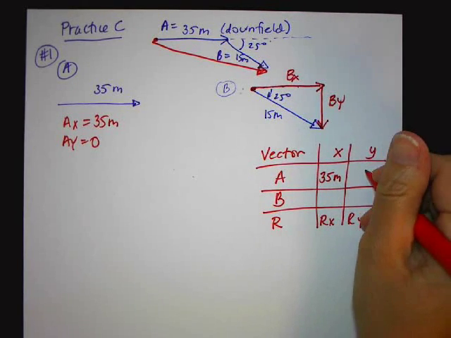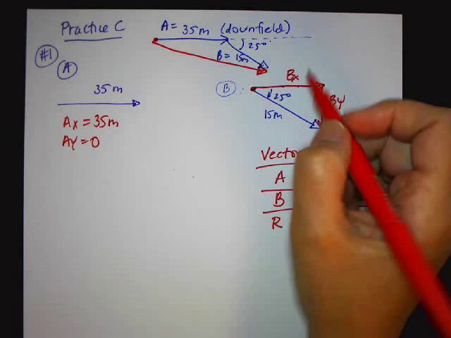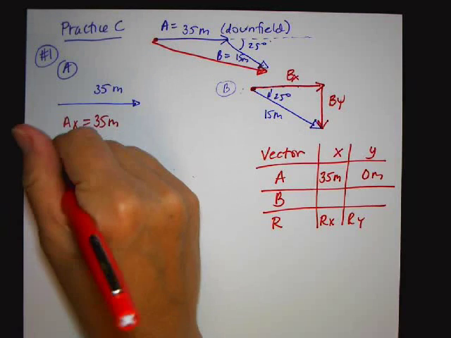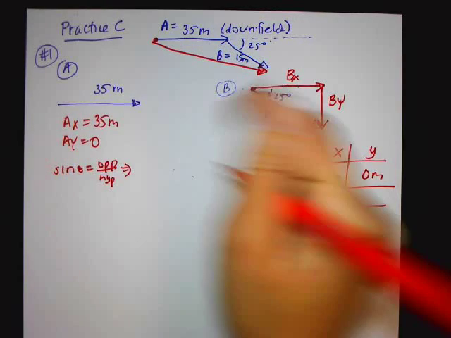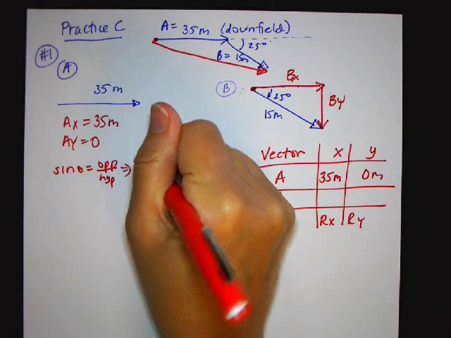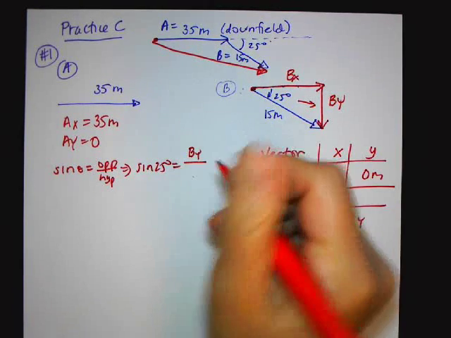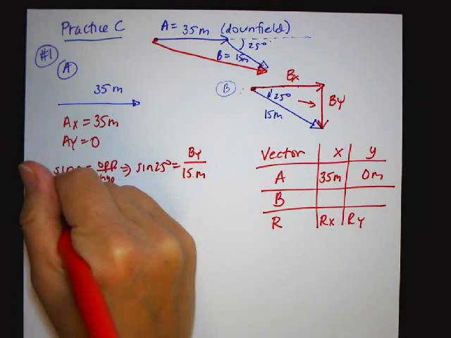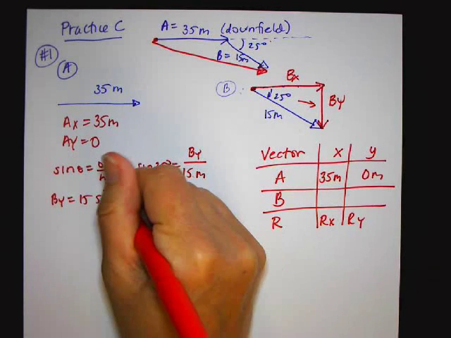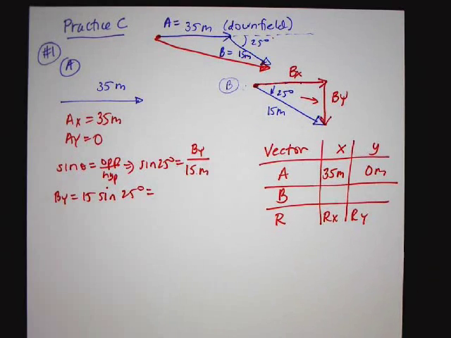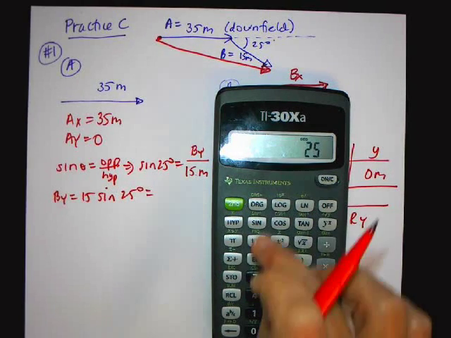Well, do I use sine, cosine, or tangent? Maybe I'm not sure. Sine of theta is opposite over hypotenuse. When I look at my picture, the sine of 25 is equal to opposite, which is By, over the hypotenuse, which is 15. So By is equal to 15 times the sine of 25 degrees. On my calculator, I put 25 sine times 15 equals, and I get 6.3.